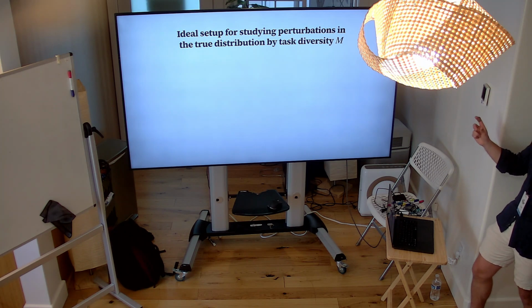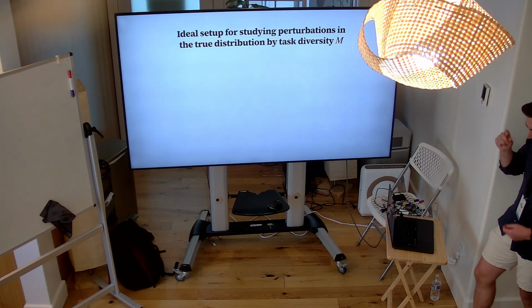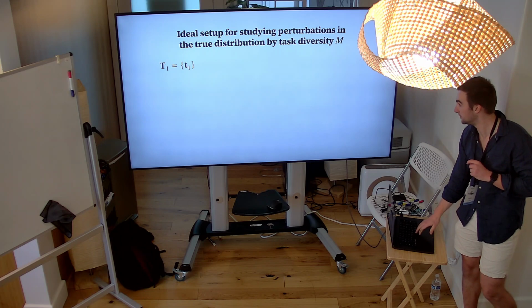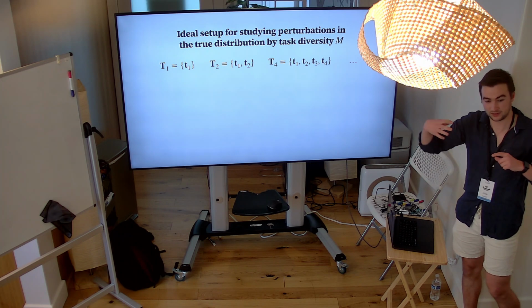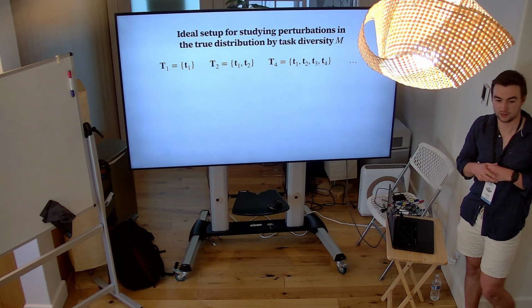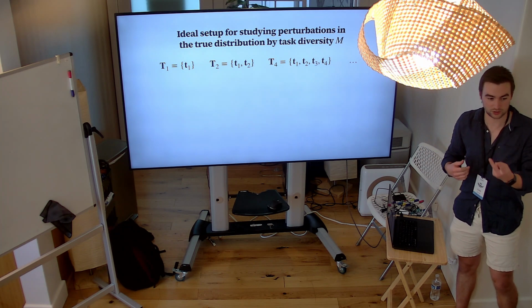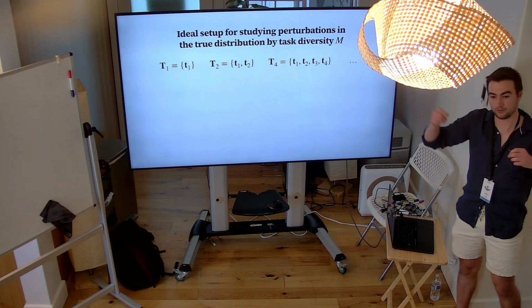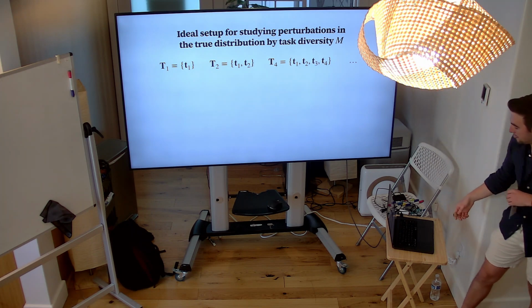And so what we do in this paper, we essentially build up a sequence of different task distributions that are each supersets of the last. So we start with just one task, and then the second model is going to be trained on two tasks, but it includes the first task there, and so on, making the training distribution larger in a sense.